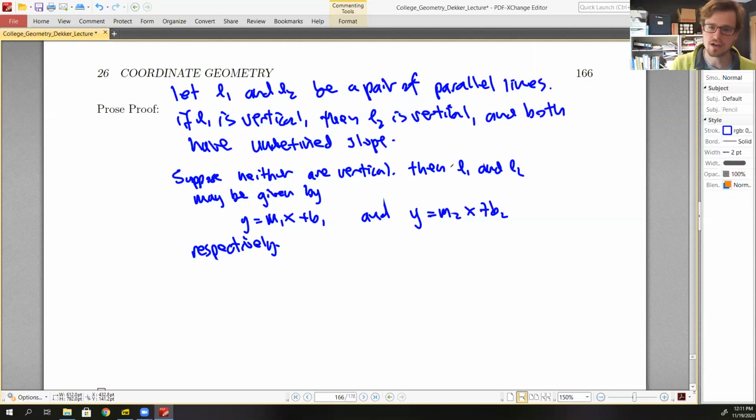So the equation for L1 is this guy, the equation for L2 is this guy. So suppose also that the slopes are not equal to one another.